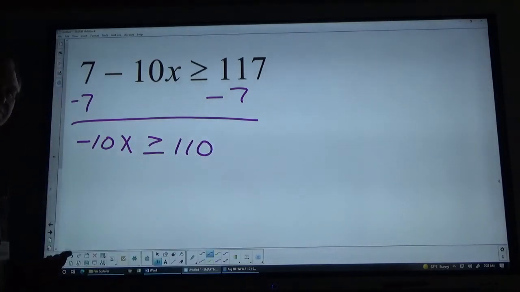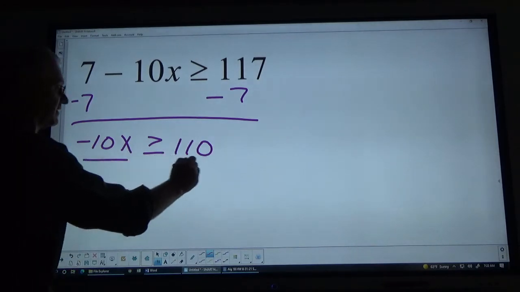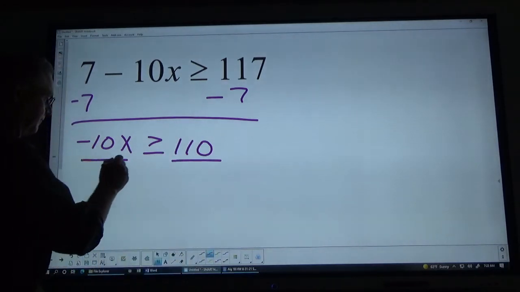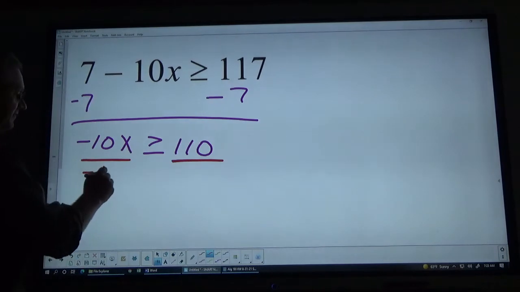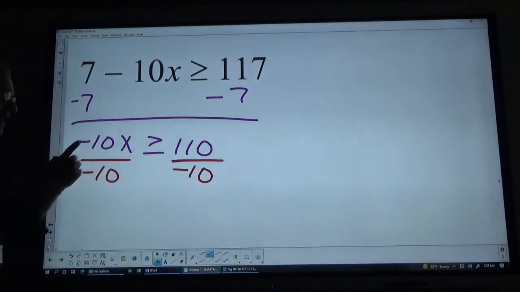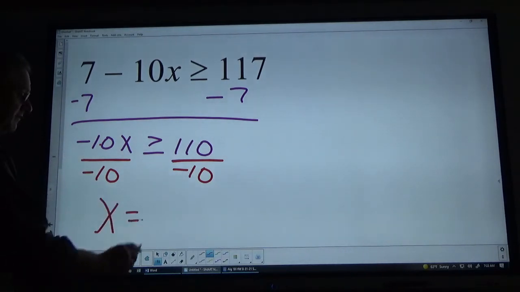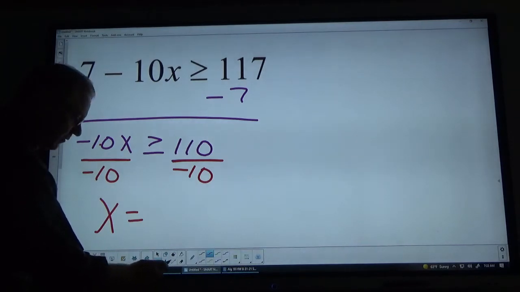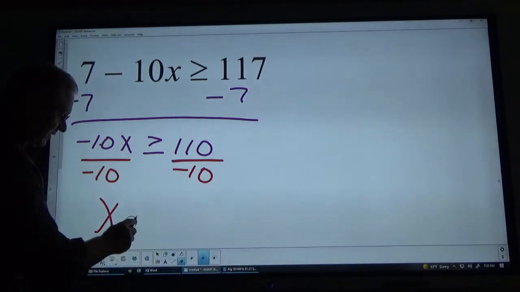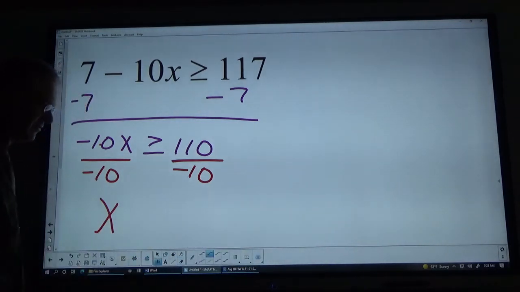I'm going to do my final step, which is dividing both sides by a negative 10 to get x by itself. Now here's the problem. I'm dividing by a negative. So, oops, not an equation, it's an inequality. So I have to make sure I continue to use the inequality.